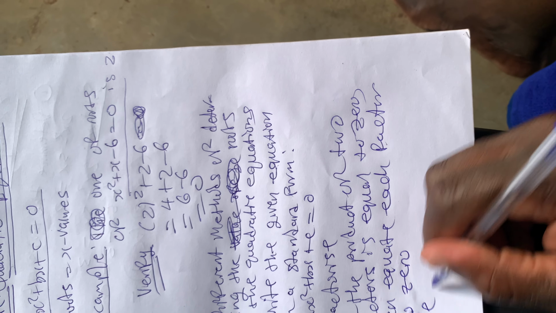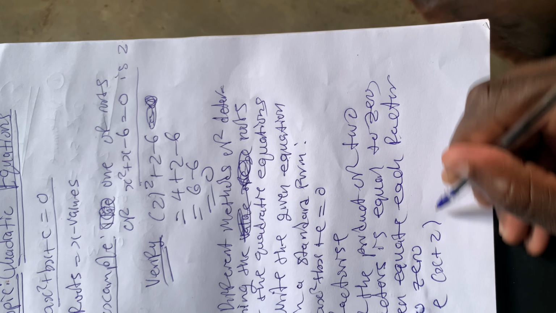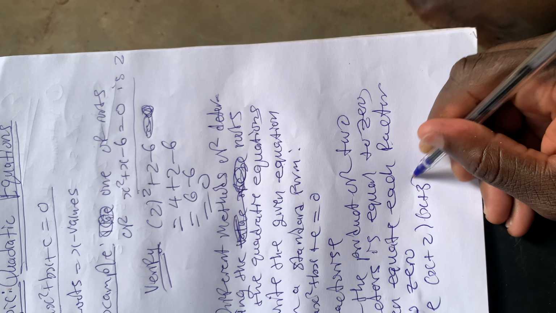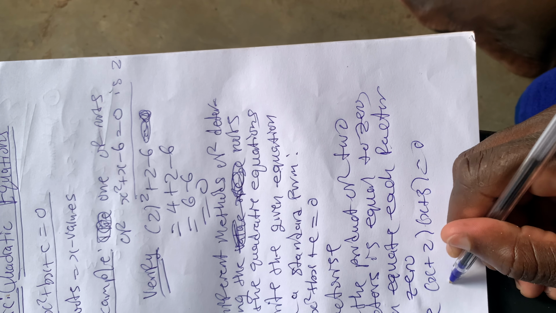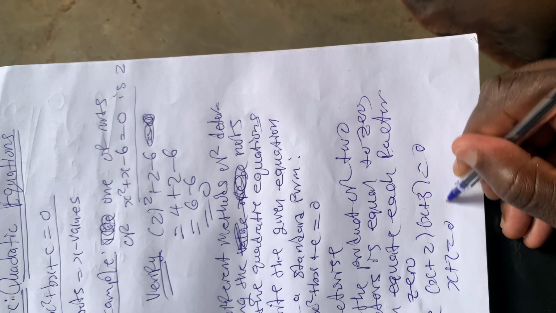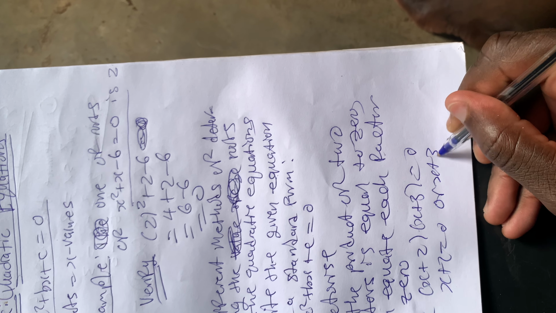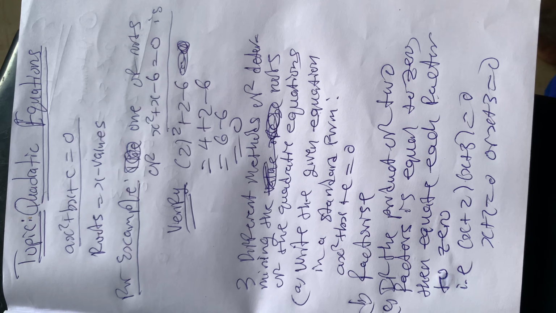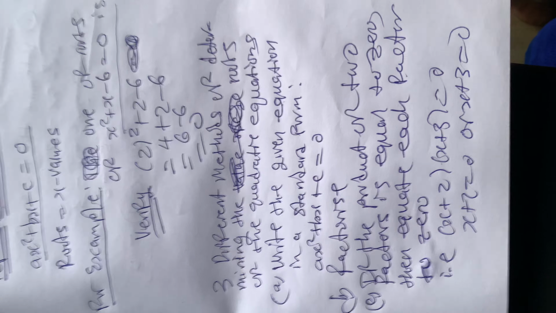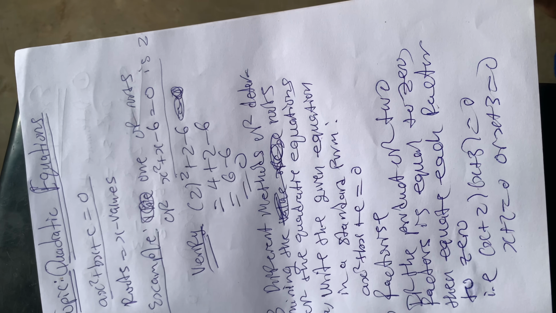For an example, if we have x plus 2 times x plus 3 equals 0, then you can say x plus 2 is 0 or x plus 3 is 0. So let's look at an example.